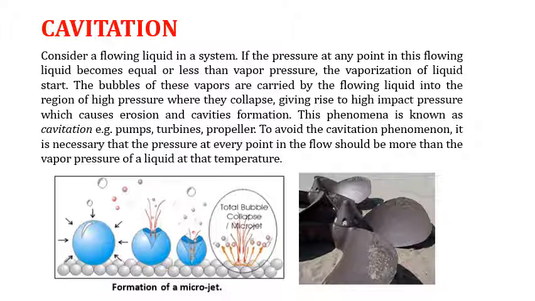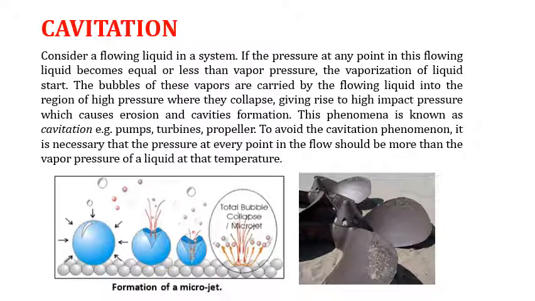This cavitation is actually going to damage the instrument. As you can see over here, the impeller, these vanes, you can see the cavities are formed. This is because of this phenomenon, cavitation. So whenever the liquid pressure is below the vapor pressure of the liquid, when the pressure inside the pipe is below the vapor pressure of the liquid, then this phenomenon, cavitation, would occur.